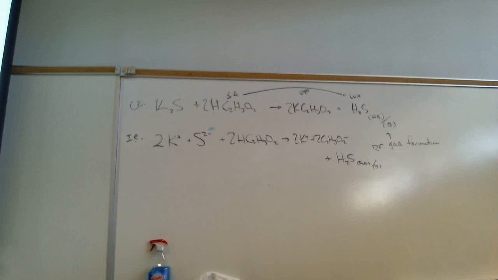NH2 minus is called amide. So if you don't know this, amide is the strongest base on this acid base chart. Amide. And so what are the strong bases? The strong bases are all soluble hydroxides, all soluble amides, because we need it to dissolve in water and dissociate.